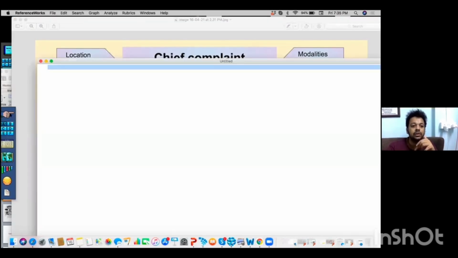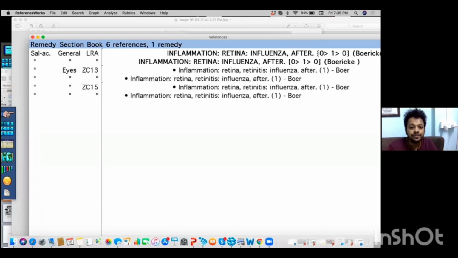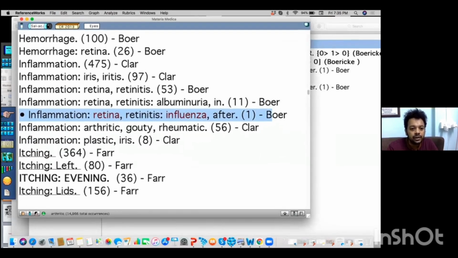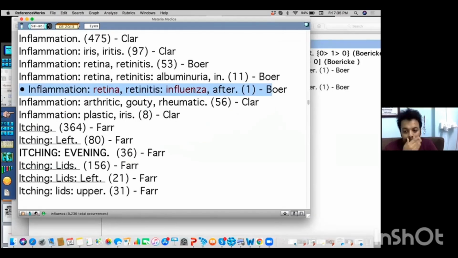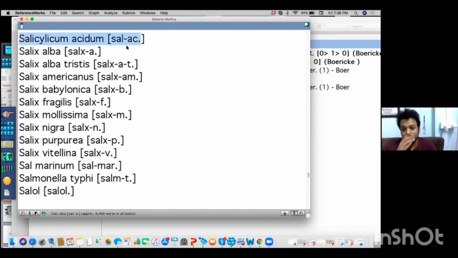Are you with me? I will study the retina problem starting after influenza. If I study that, there's only one remedy here. It's a remedy called salicylic acid. Inflammation in the retina after influenza. Interesting, no? The remedy is salicylicum acidum. So in this way, you have to understand.